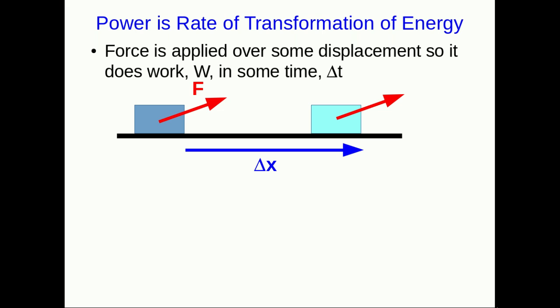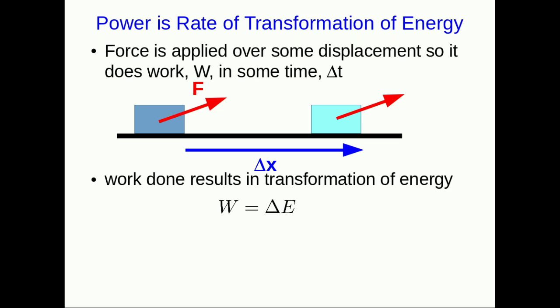So just to recap, if some force is applied over some displacement, and so it does work, and if it does that in a time t, then the work that results from that force doing work is equal to some transformation of energy, right? In the case we just looked at, it would have been a transformation from chemical energy in your body to thermal energy, but it could just as well be a transformation, say, from gravitational potential energy to kinetic energy, or just about anything else.